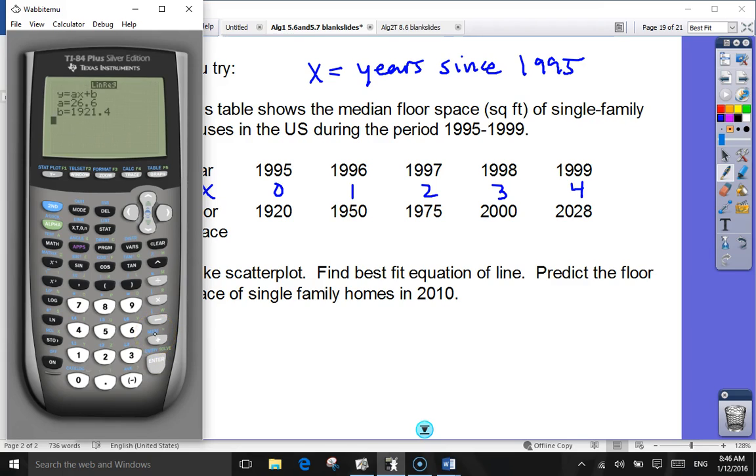26.6x plus 1921.4, sorry. I'm losing it.